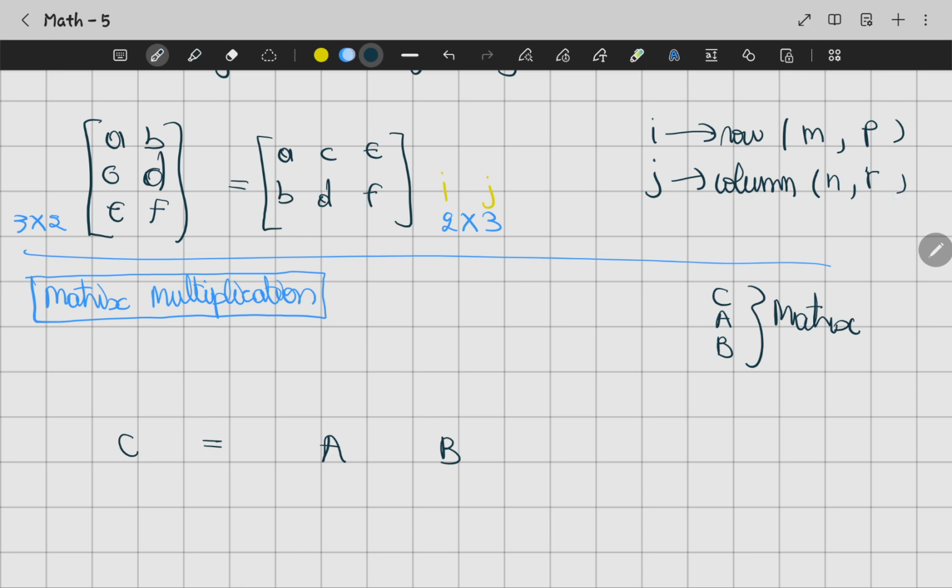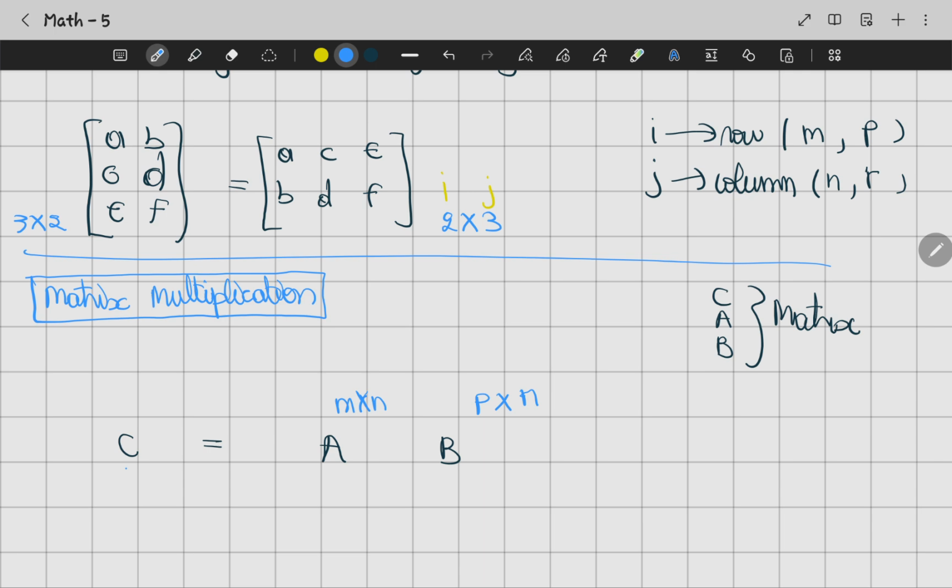Let's say, for example, this is the equation we have. Multiply the matrices that you see here. What you should know is, if A is a matrix of size m times n, and B is of size p times r, there is a certain condition for us to multiply those two matrices.